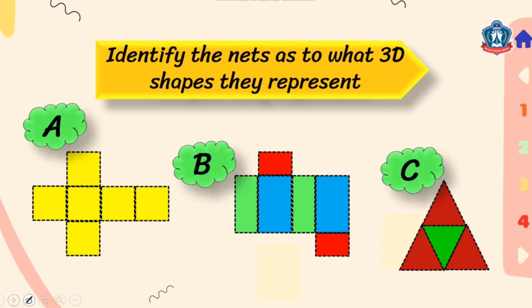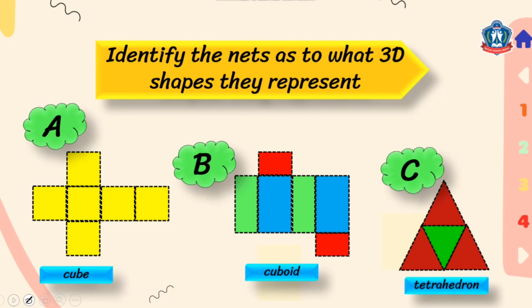It consists of 6 squares. Yes, that is a cube. How about net B? It consists of 6 rectangles. This is a cuboid. How about net C? It consists of 4 equilateral triangles. If we fold it, it will make a tetrahedron.